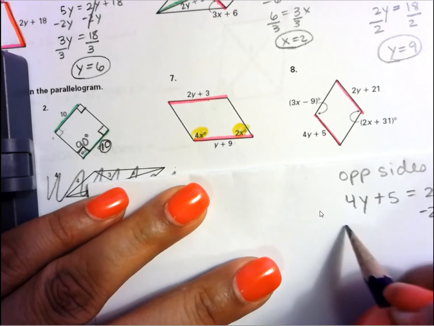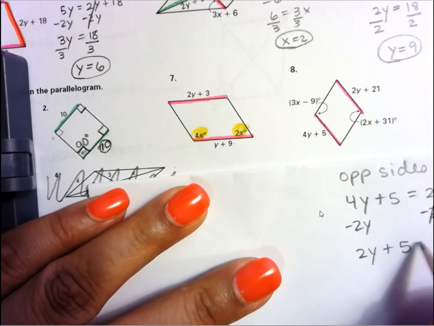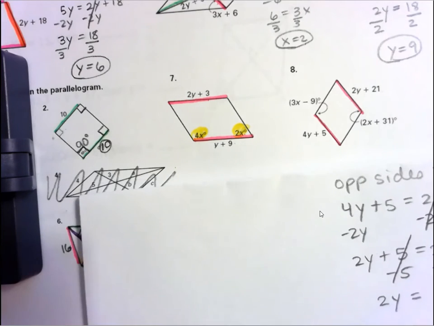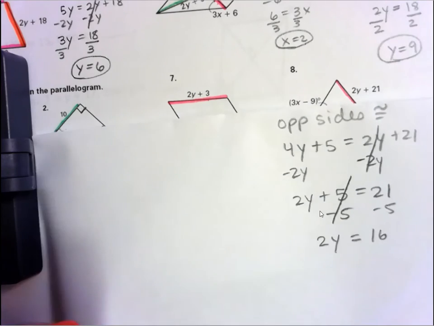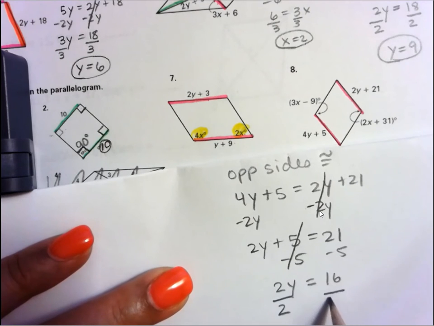So now we're going to solve. I'm subtracting 2y. Subtracting 5. Oops, sorry. Sorry that you can't see. Divided by 2, y equals 8.